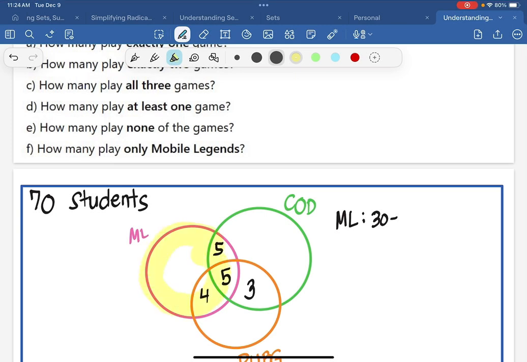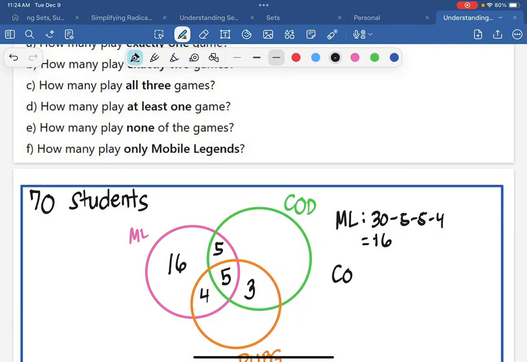So you have the numbers 5, 5, and 4. So minus 5, minus 5, minus 4. So 30 minus 5 is 25. Minus 5 is 20, and minus 4 is 16. So limited to ML alone, or exactly for ML, is 16.